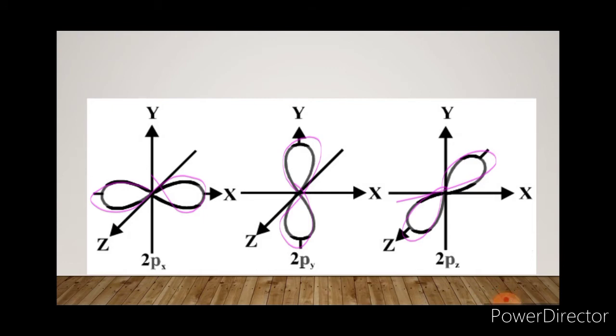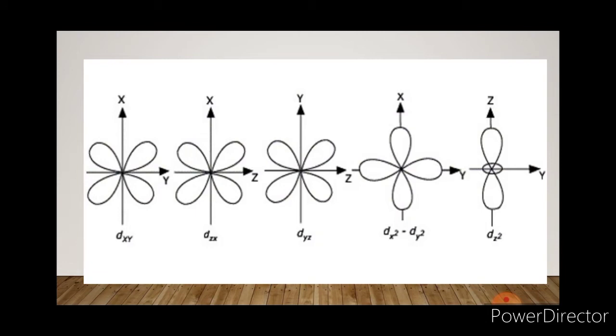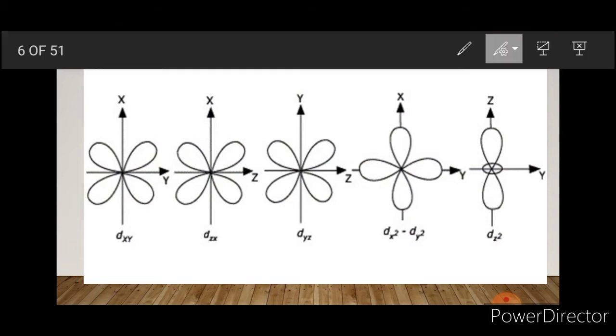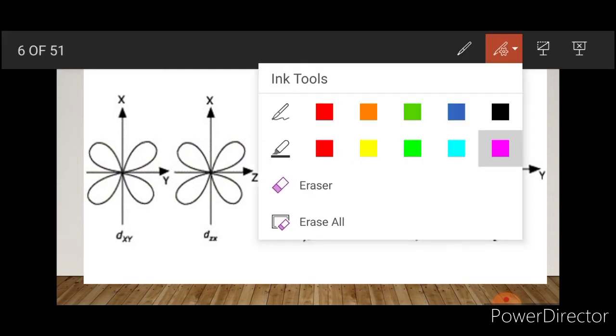Now let's move on to shape of d orbitals. For d orbitals, L is equal to 2. First see how it is coming 5 orbitals.